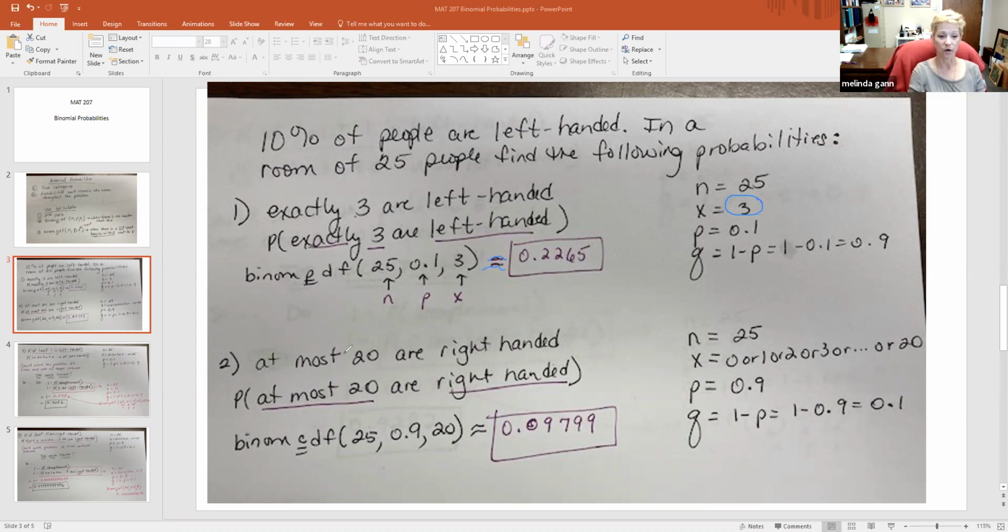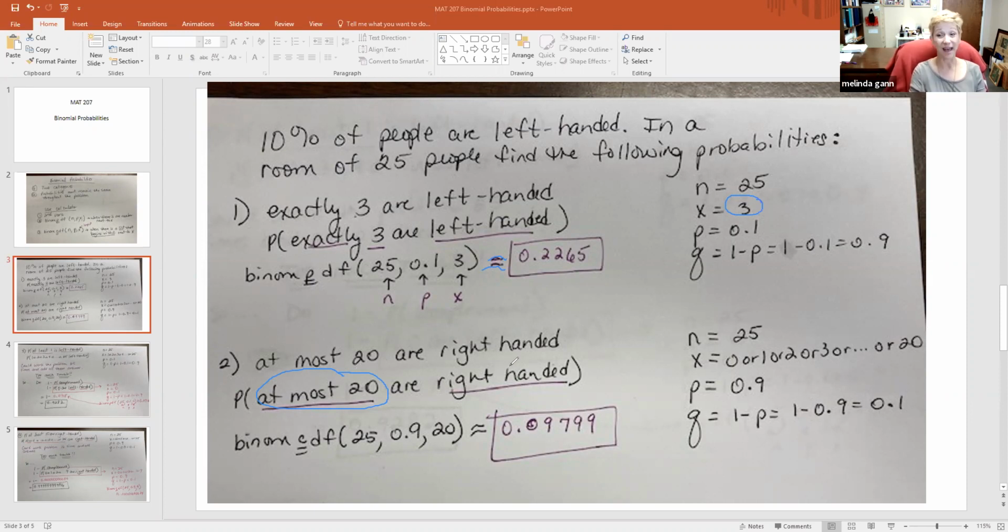All right, now look at this one. What's the probability that at most 20 are right-handed? I changed the question. So I put a P, at most 20 are right-handed. So my N is still 25, that's still my total. But now it says at most 20. At most 20 is not just the number 20. And at most 20 doesn't mean more than 20.